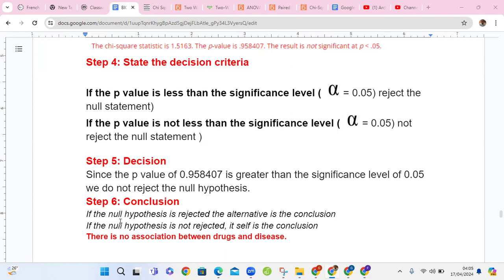If the null hypothesis is rejected, then the alternative is the conclusion. But if the null hypothesis is not rejected, it is the conclusion. So in conclusion, there is no association between the drugs and disease, because we have to conclude with the null since we did not reject the null, and that's because the p-value is greater than the significance level. So the test has proven that there is no association between drug and disease.